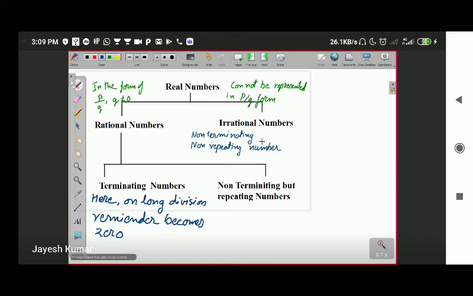Irrational numbers are non-terminating, non-repeating. Rational numbers may have non-terminating but repeating decimals. Here, on long division, the remainder is never 0.